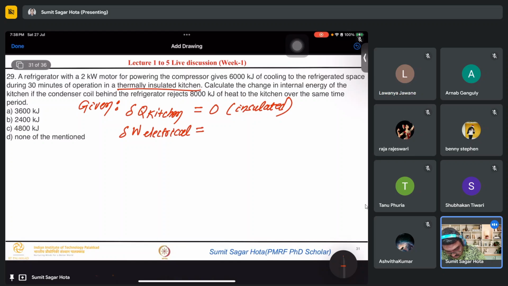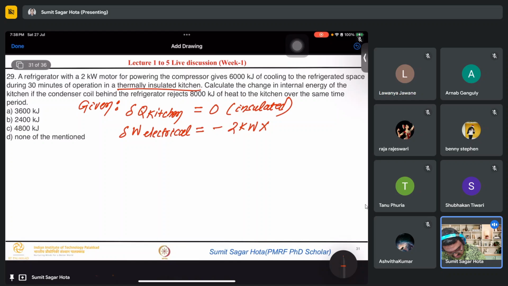That means the work is done on the system. We are doing the work. If you know the sign conventions of thermodynamic systems, if the work is done on the system it will be negative, and if the work is done by the system it will be positive. So basically this will be minus 2 kilowatt.